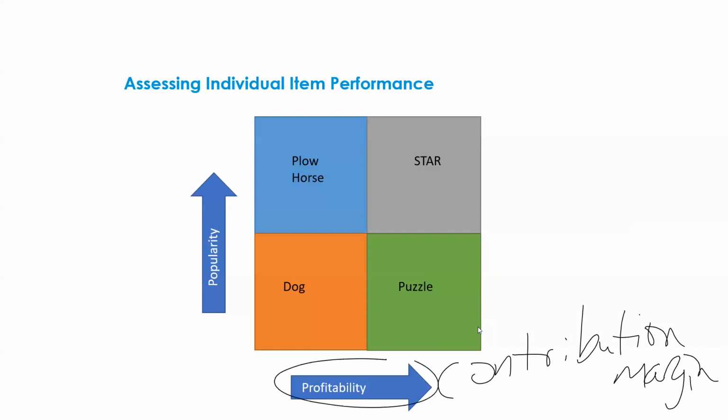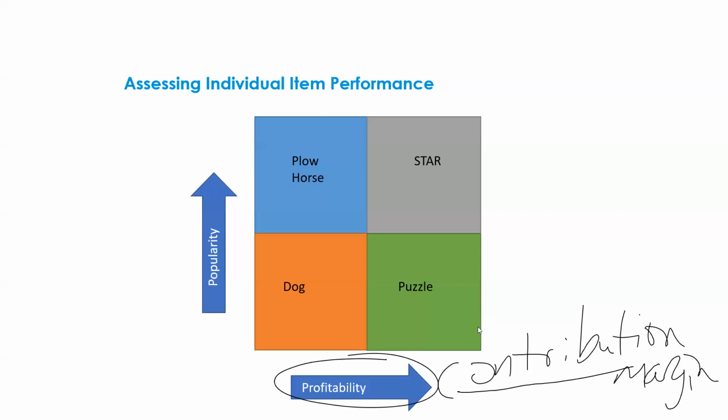That's basically another way of saying profitability. Contribution margin is what we subtract, the selling price, we subtract what it cost us, and that is what contributes to cover all of our other expenses and our profit.